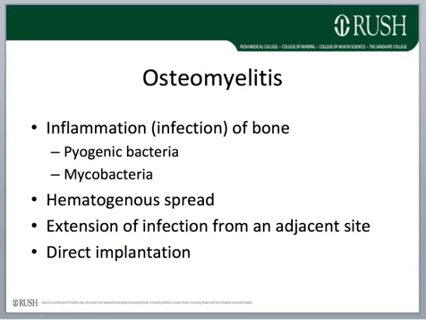You can have osteomyelitis develop as an extension of an infection from an adjacent site. And then finally, direct implantation of infection from either fractures or penetrating wounds, or finally iatrogenic, that is various hardware and other surgical interventions that interact with the bone.